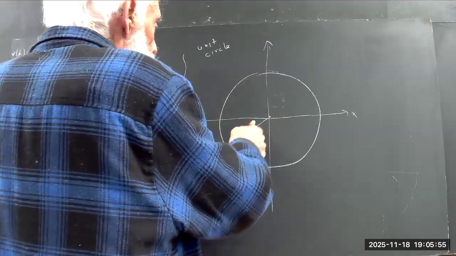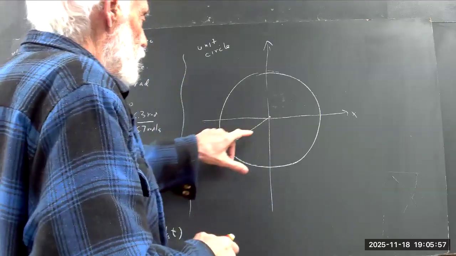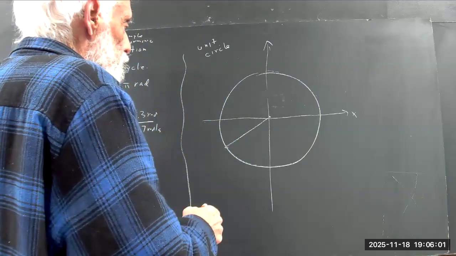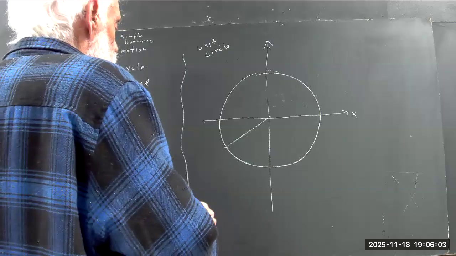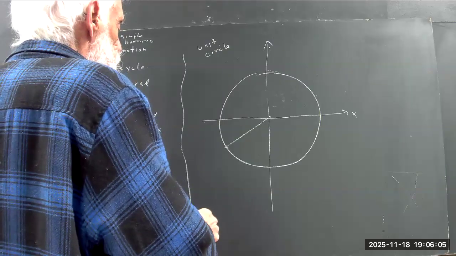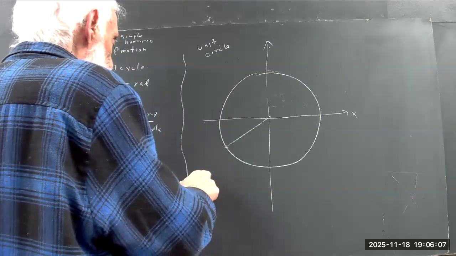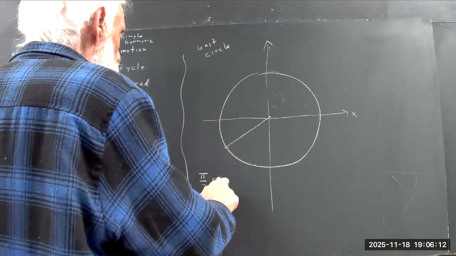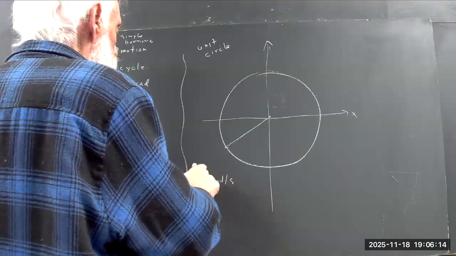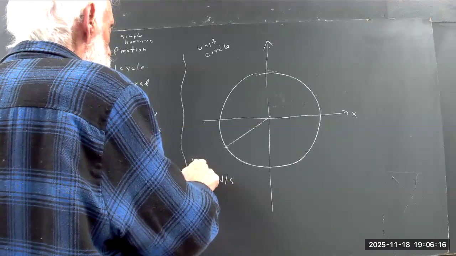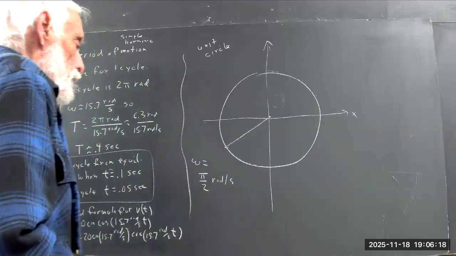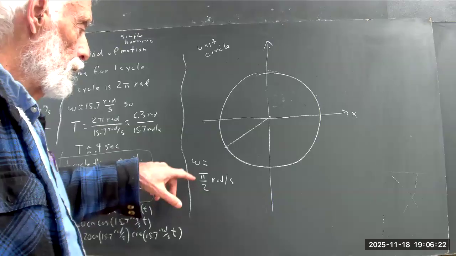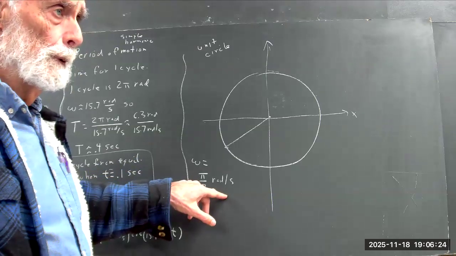Well, at some time we're at this point. To relate to our example here where omega was about pi over 2 radians per second.